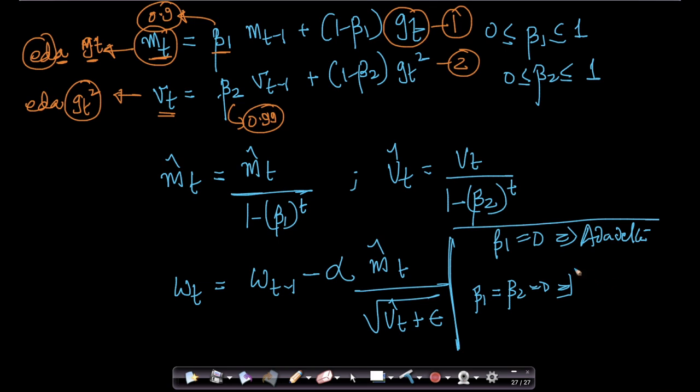So in a nutshell, if beta 1 becomes 0, this term goes off, so you're left with this. This is not exactly like an Ada delta, but it is related to Ada delta. When beta 1 becomes 0, what you get is Ada delta, right?